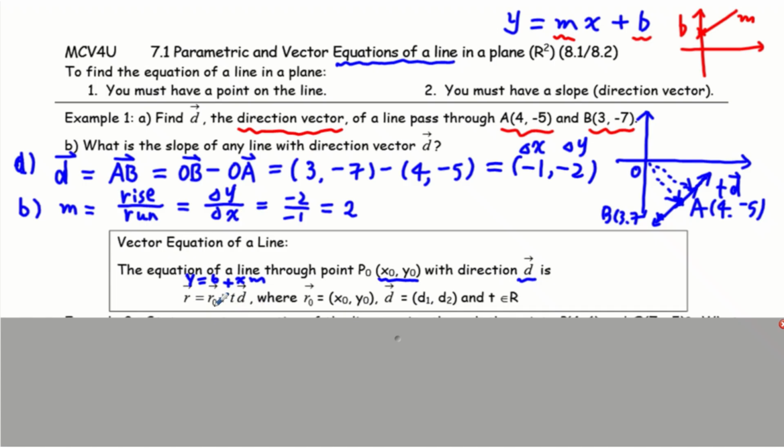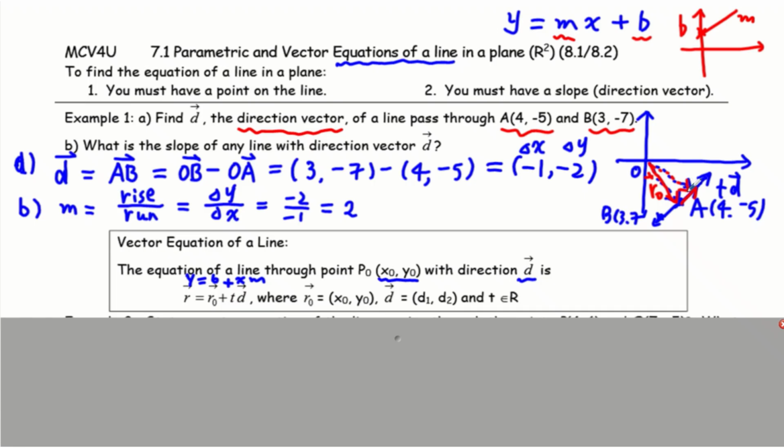Okay, so we have the r0, so this is a point on the line. This is our r0, and the direction is any of the t times d. So this is td, then this is another point on this line.